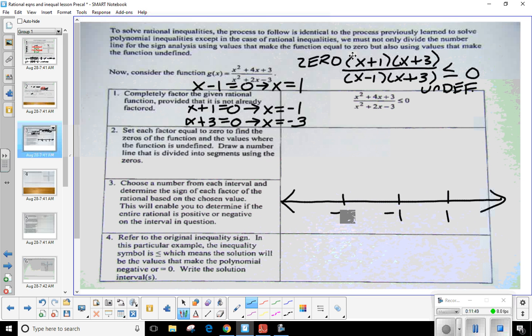Now, anybody who comes in and takes a look at our work, we want them to be able to understand what it is we're trying to say. So we're going to label these values. Which value or values came out of the numerator? Okay, now, one of those we'll kind of talk about, but definitely negative 1 came out of the numerator, right? Because he came out of the numerator, he's a 0.